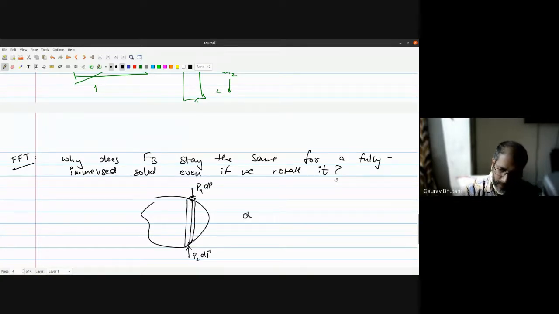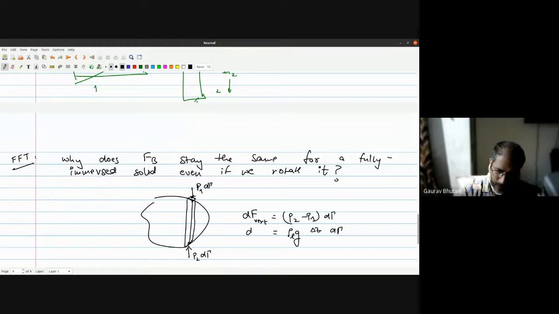So the net df, I'll call it df because we're taking differential strips in the vertical direction, will simply be P2 minus P1 times d gamma, and this P2 minus P1 is simply rho liquid g times the height, which I'll call delta z, times d gamma.